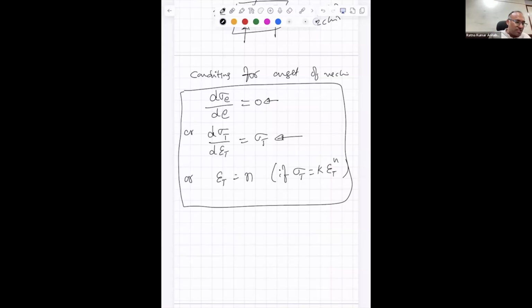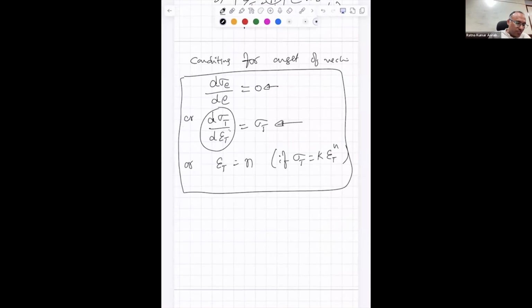Then all that you can do is compute the derivative of σT with respect to εT, and whichever value of that corresponds to the σT value itself, that is the point at which necking begins. And this is what we call Considère's criterion for onset of necking. That is how you will find out when the necking begins in a material.